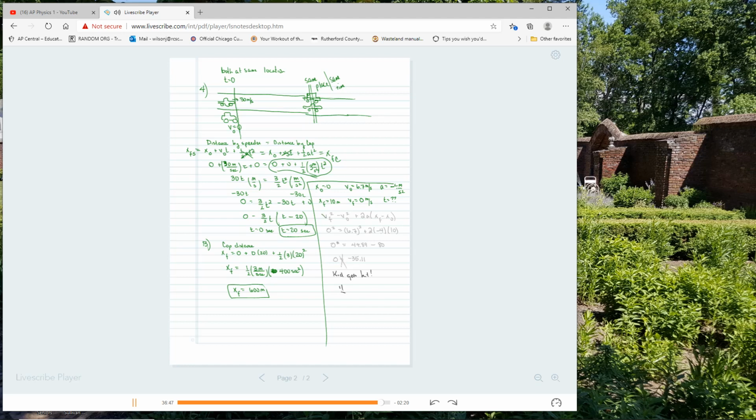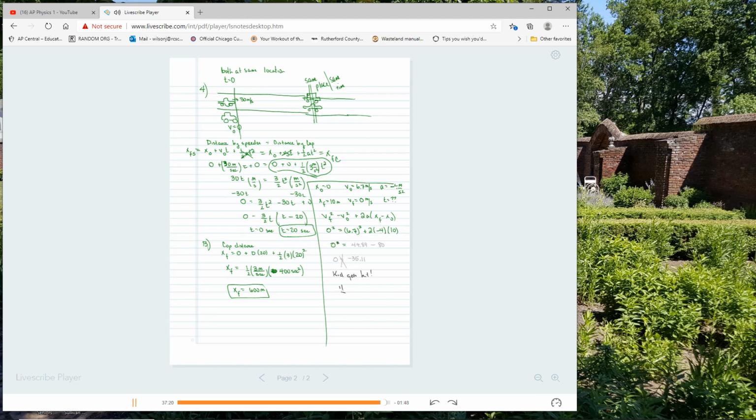So I'm going to use V final squared equals V original squared plus 2a times final position minus initial position. So 0 squared equals 6.7 squared plus 2 times negative 4 times 10. Zero squared is 0. I don't know what 6.7 squared is.